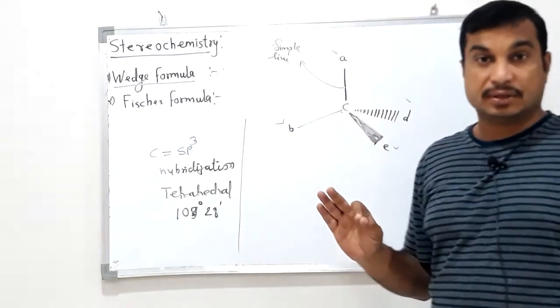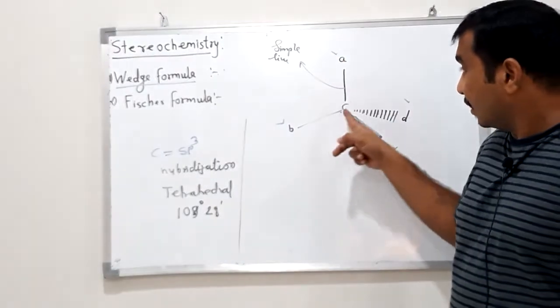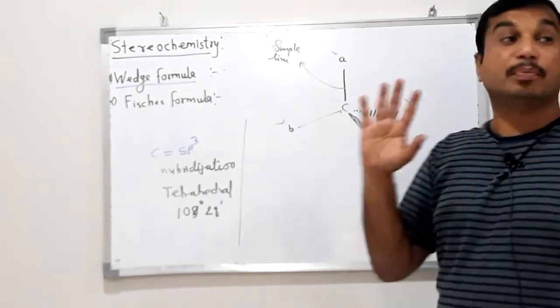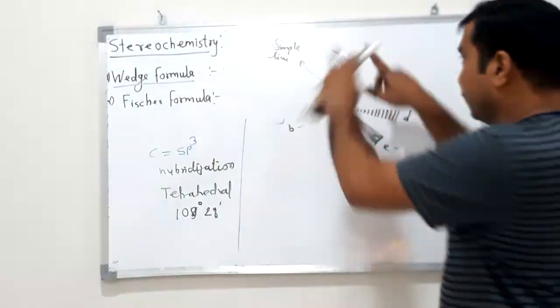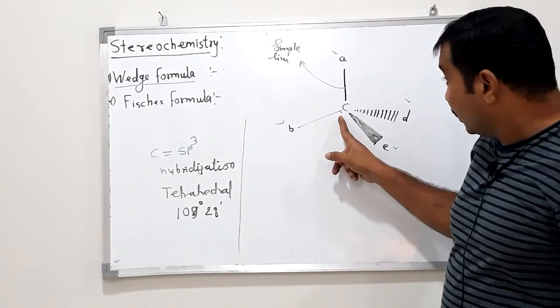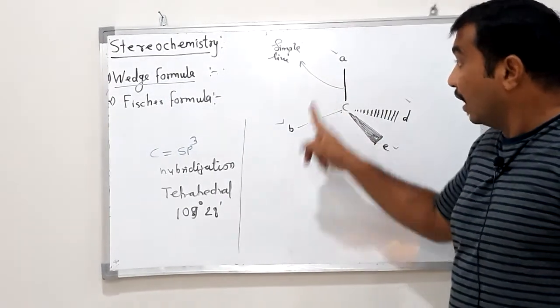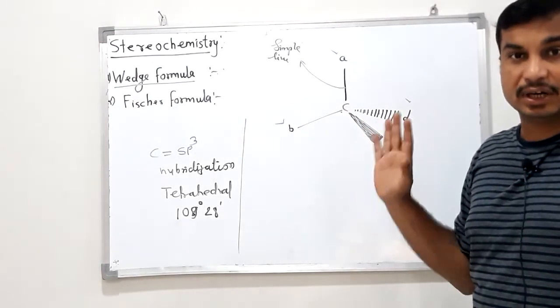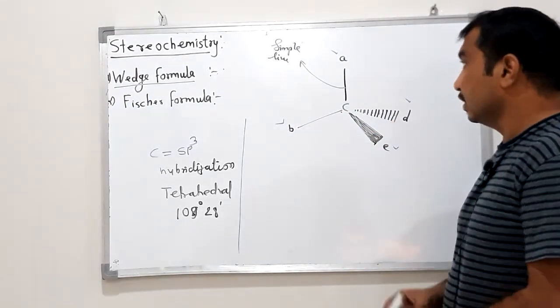It means these two substituents A and B and C are in one plane. For example, if this board is a plane, then C, A, B are in this plane, in one single plane. Okay, that is the meaning.